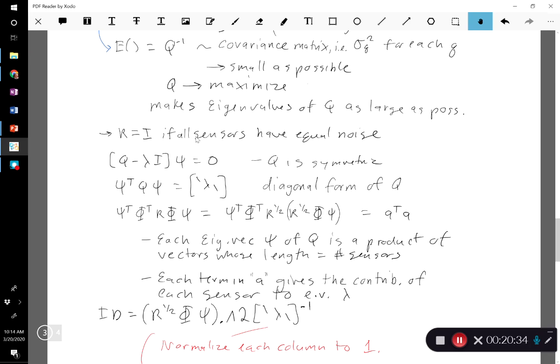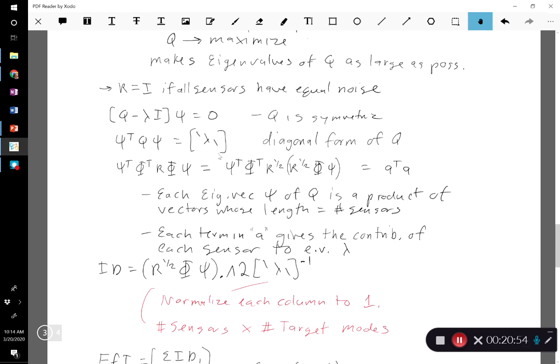And then what we do is if we were to do an eigenvalue decomposition on Q and find a set of shapes that will diagonalize the Q matrix, we get those shapes psi, and then we can put Q in a diagonal form.